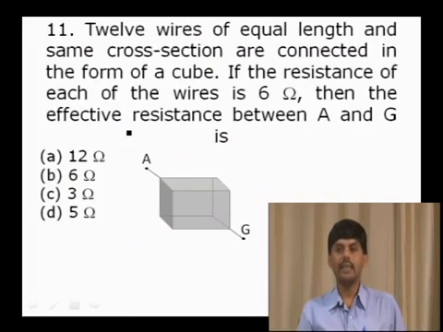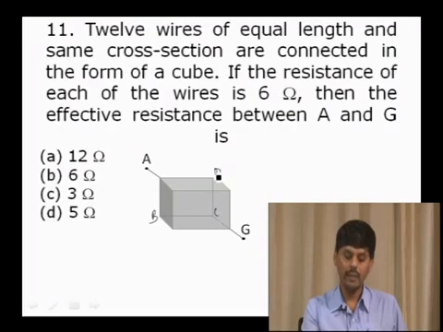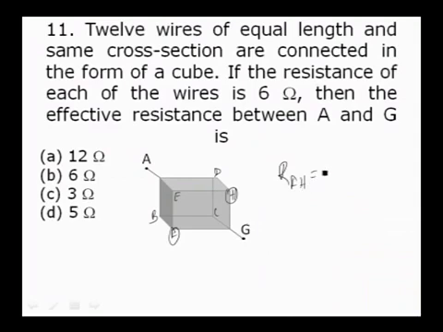If suppose they ask for a face diagonal, for example, this is the face diagonal. I will name the vertices B, C, D, E, F, G, H. This is the face diagonal, that is R_FH.